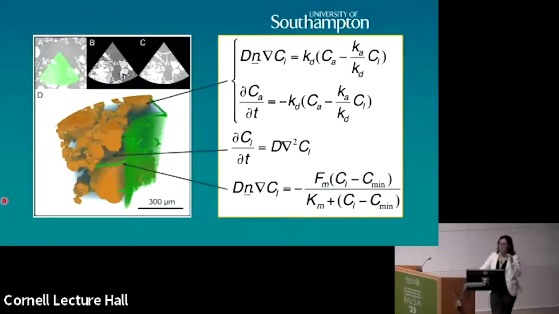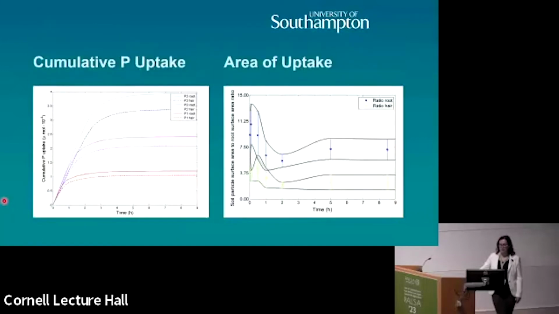We took those, and we put the standard first-order kinetic phosphorus model onto it, where we have the phosphorus binding to the soil particles, phosphorus diffusion in the pore space, and then uptake by root and root hair surfaces. Running that simulation allows us to say how local this phosphorus uptake is.